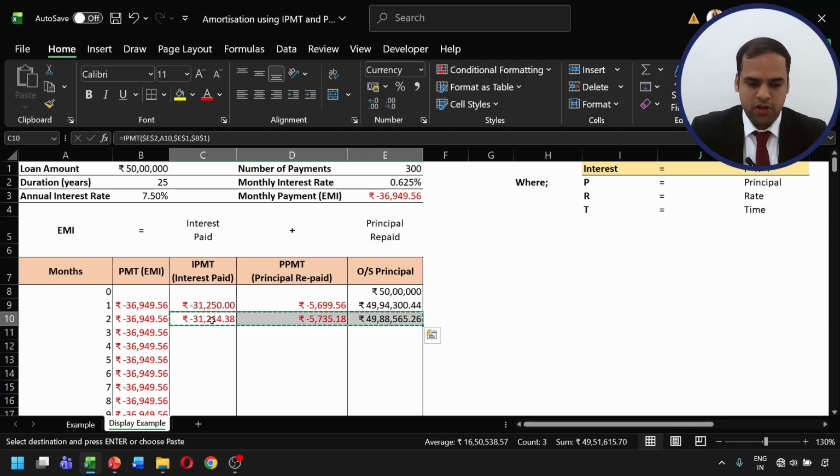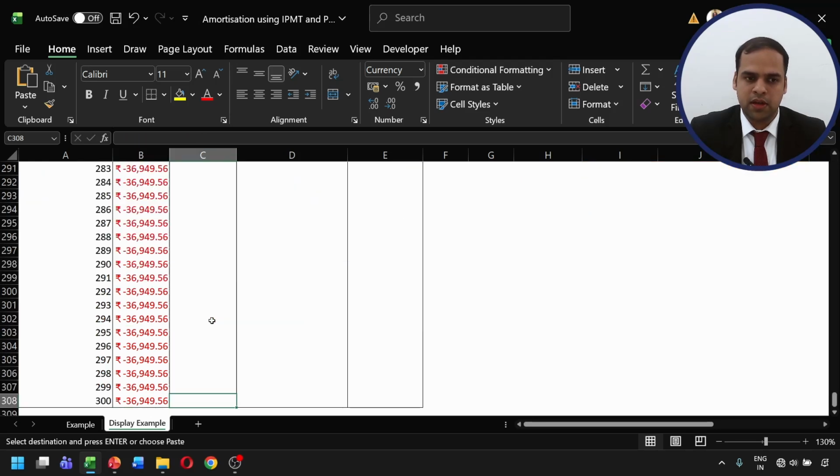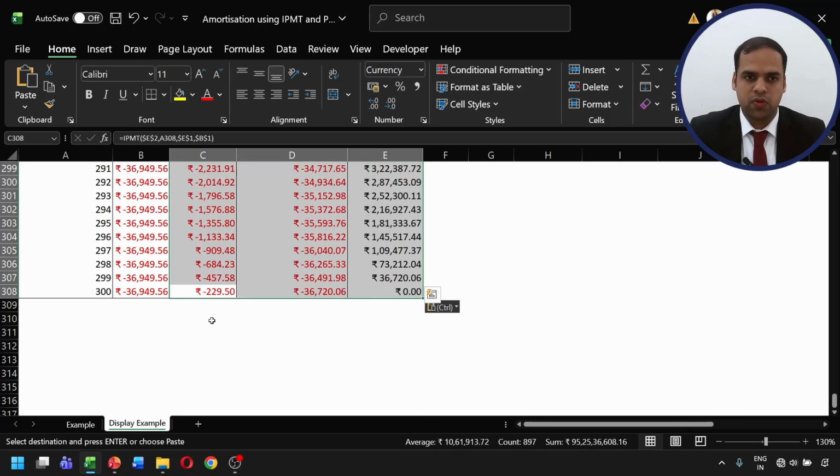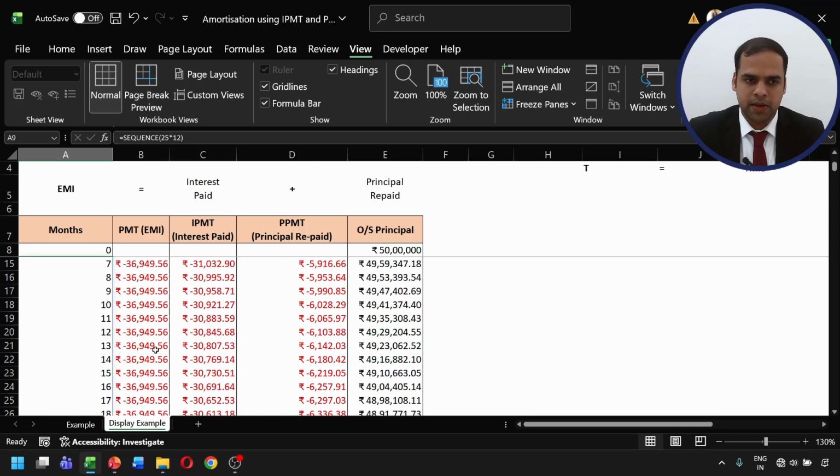So to make the calculation easier, we can just copy this formula by Control C and go to the last payment of the 300th month, and just paste with Control V. So now what I'll do is I'll freeze this cell. And we can see as we go ahead with the EMI payments we have made, the interest portion is getting lower and the principal repaid portion is getting higher.